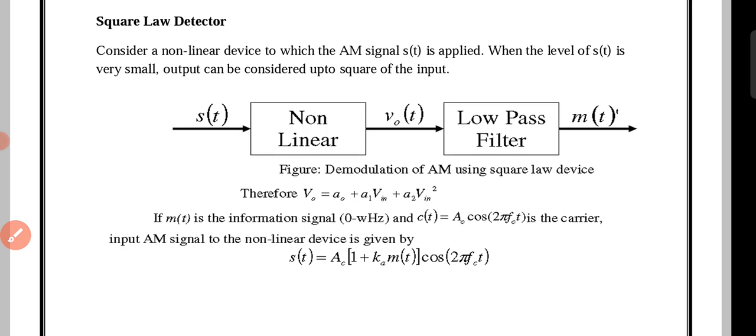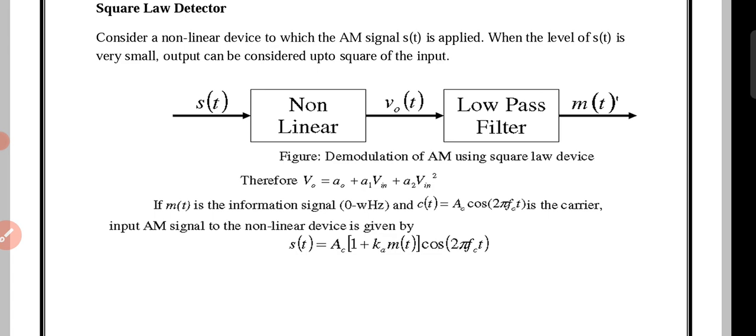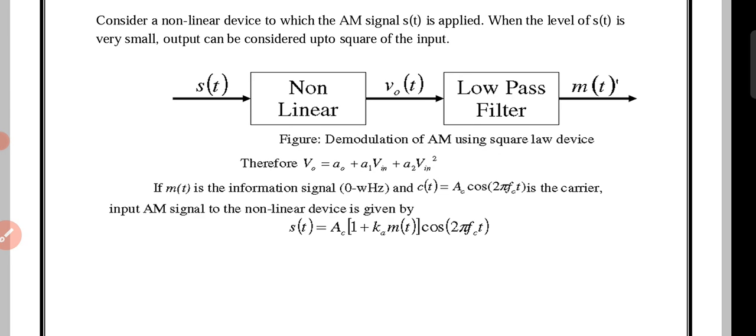Square law detector. We already discussed the square law modulator. Here also we use the same principle for detection. A nonlinear device is used here. The modulated signal passes through this nonlinear device.